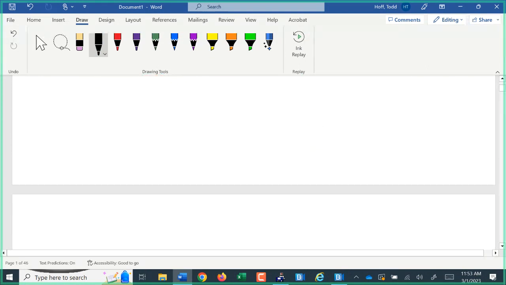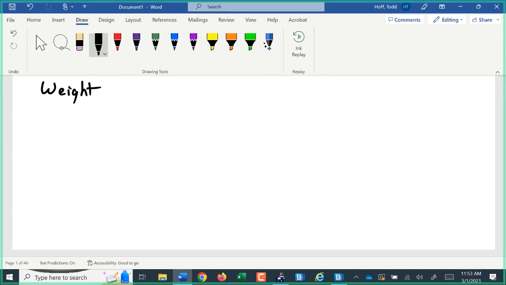Well, let's look at some other units. Let's talk about weight and mass. Before we talk about the units, we need to talk a little bit about the difference between weight and mass. The difference really is a slight difference in what they measure, but the big difference is how it is measured. Weight is the force of gravity on an object.